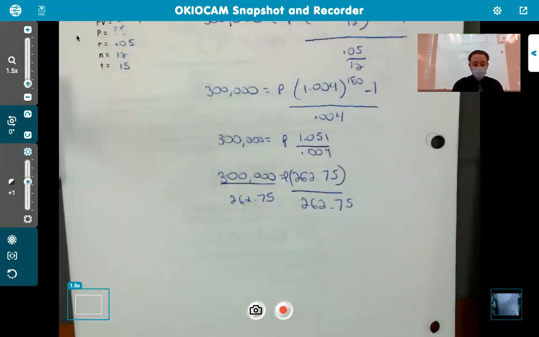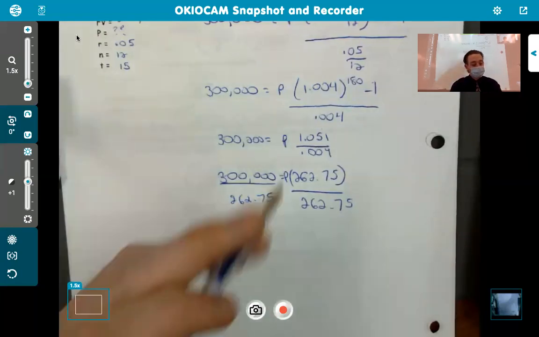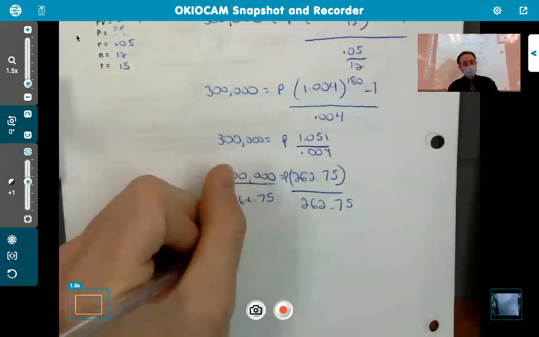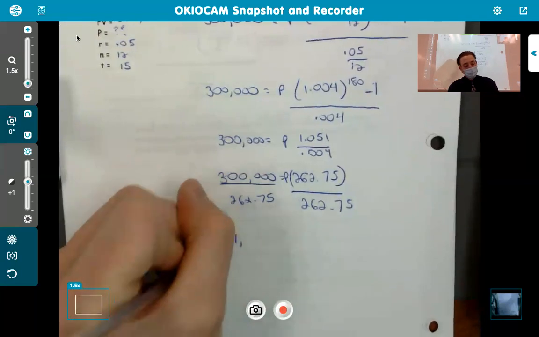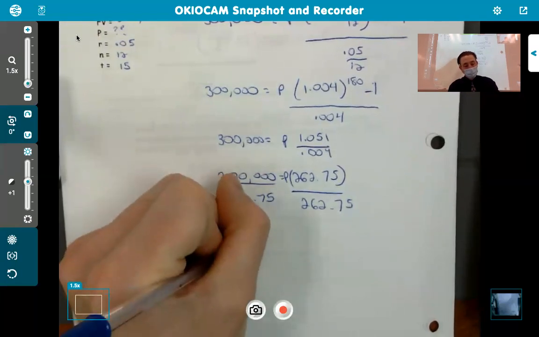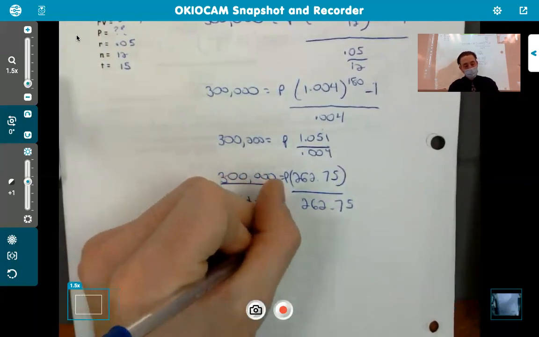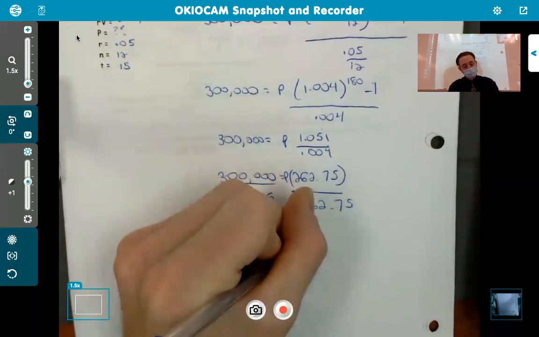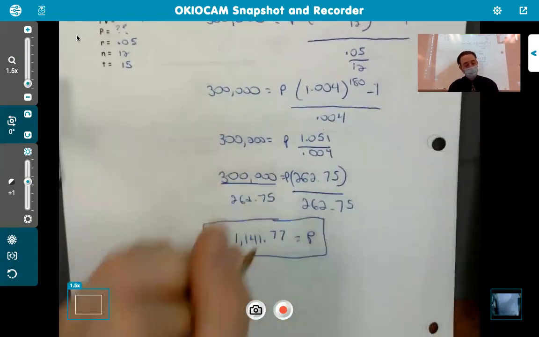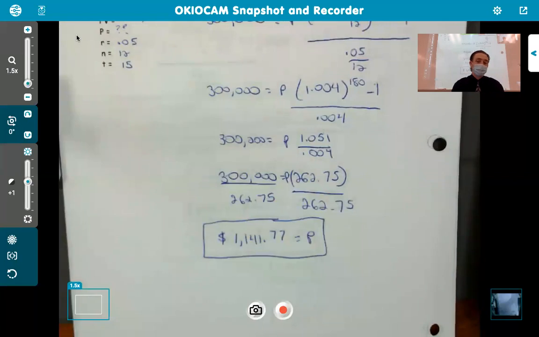Good. So if I do 300,000 divided by 262.75, that payment each month is $1,141.77. And that's what you have to pay each month for your home.